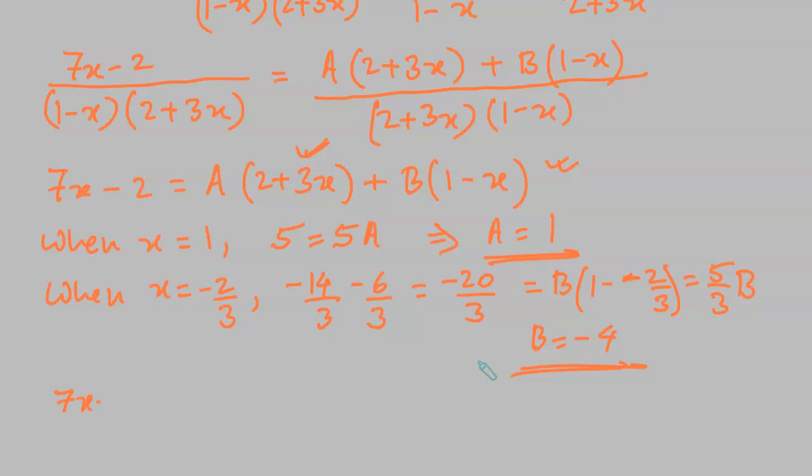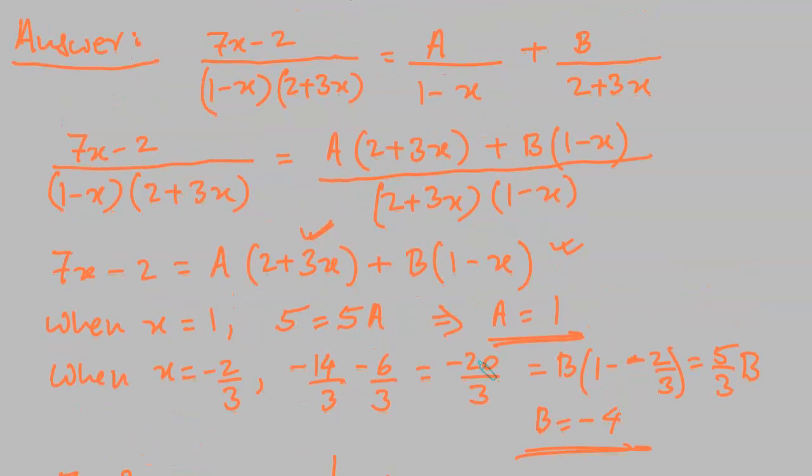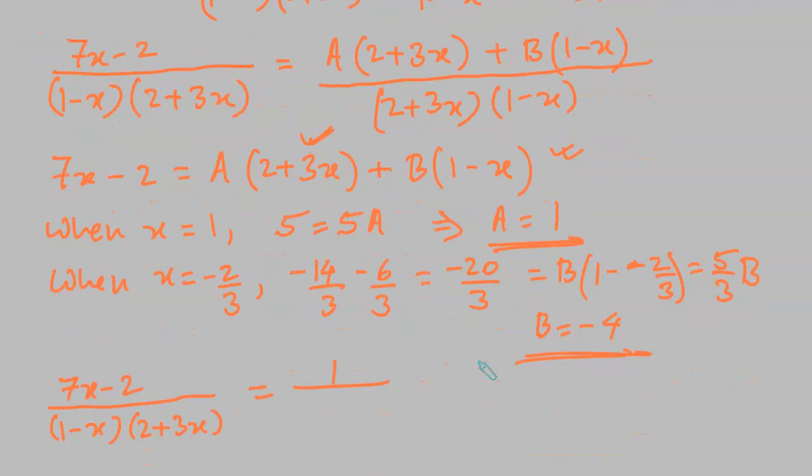7x minus 2 over 1 minus x times 2 plus 3x is equal to, a is 1. What was the denominator of a? 1 minus x. Okay.